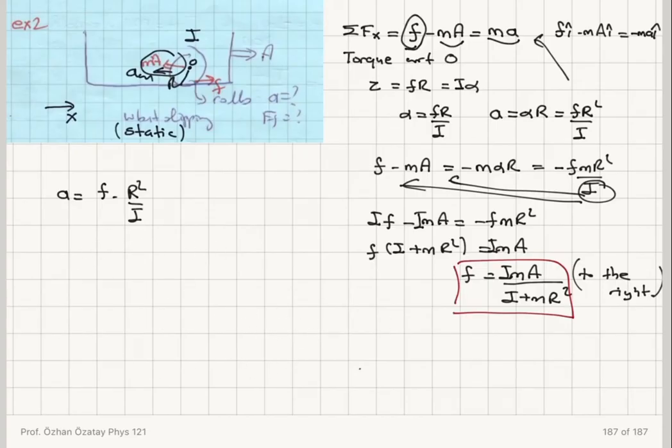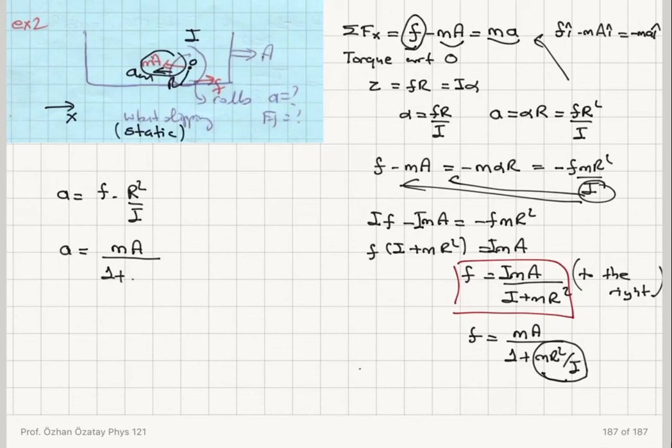So I go back and do this calculation again with the correct force of friction. And I could have realized this mistake by dividing the top and bottom with I, 1 plus mr squared over I. So this has the right dimensionless quantity. This is dimensionless. F equals ma divided by a dimensionless quantity that has the unit of force. So this is the correct answer.